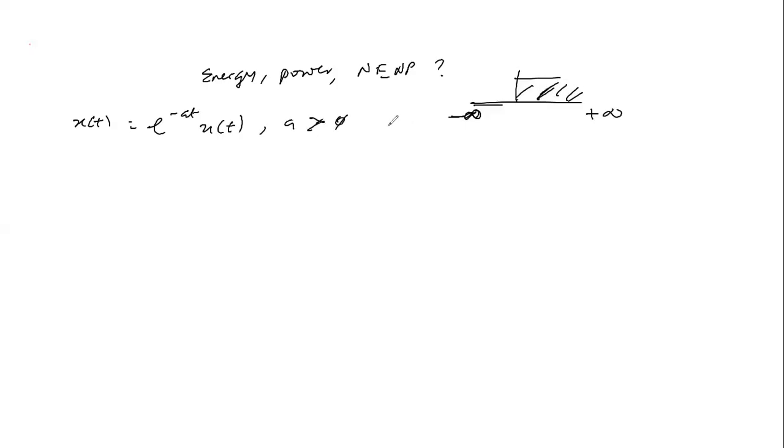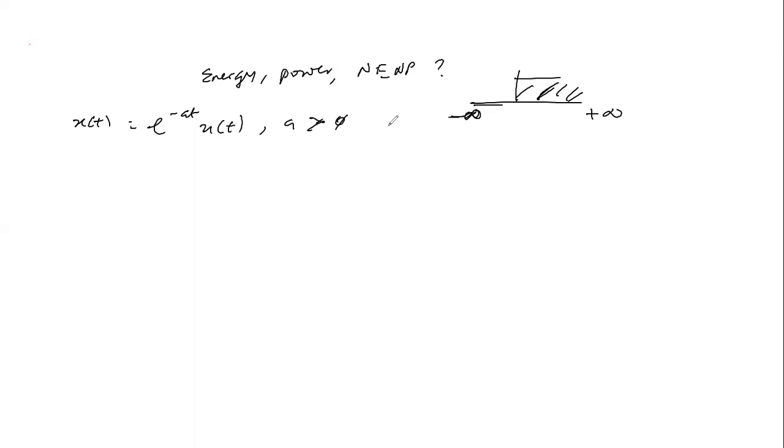So we have the first of the signals, S of t is the same as epsilon to the power minus A t, U of t, for A greater than 0. Now, do note that the unit step function knocks off the negative component of the signal, such that only the positive part of the signal appears at the output.